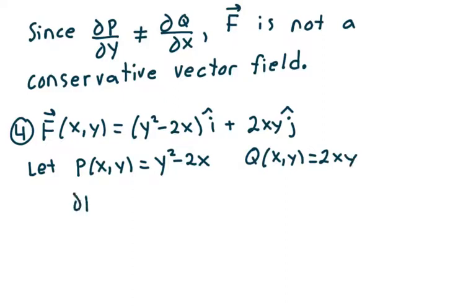So the partial of P with respect to y, so remember when you take the partial of a function with respect to y, x is constant, right, for this particular scenario. And so this is 2y, and the partial of Q with respect to x is going to be 2y. Well, that's good.